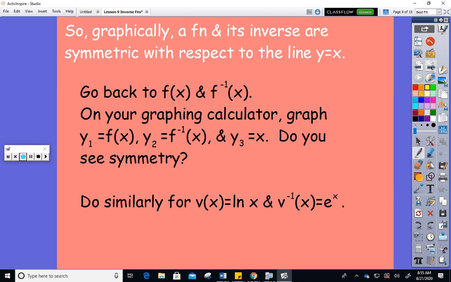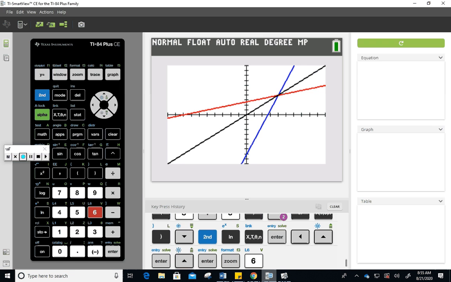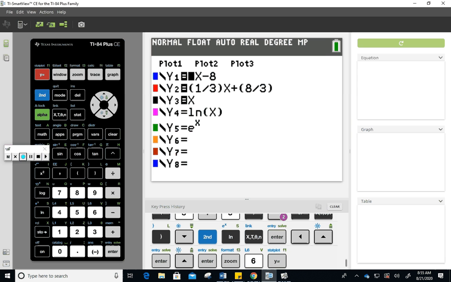So guys, if you'll look at your graphing calculator, what I have done is say, well, my f of x was 3x minus 8, so I've inserted that in y1. For f inverse of x, I got 1/3 x plus 8/3, so I put that in y2. In y3, I'm going to put the line y equals x because that's supposed to be my line of symmetry now.